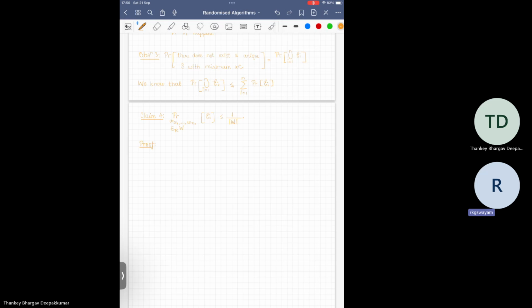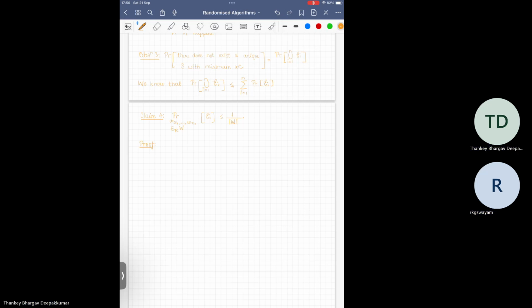Yes, and see, if I assign weights and if there are mod of W number of possibilities, then the natural probability is that I would be assigning 1 by mod of W to any element.